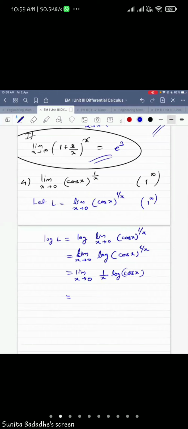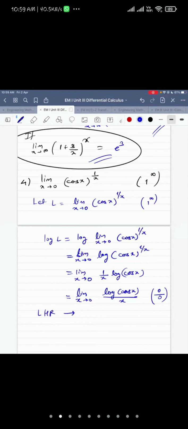Now this is coming in the form limit as x tends to 0 of log of cos x upon x. Now as x tends to 0, cos 0 is 1, log 1 is 0. So we are getting the form 0 upon 0. Initially it was 1 raised to infinity, but now it is converted to 0 upon 0.